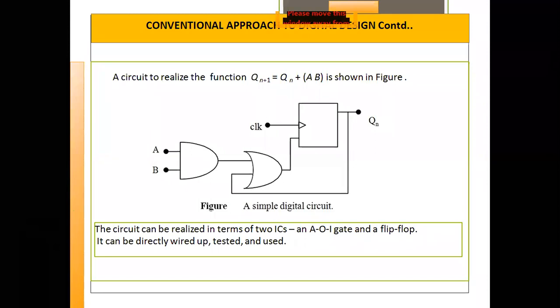The flip flop is to store the data, the output we get, so that later that output can be used. Next, the circuit we have designed can be wired up. That means we can have connections, and we can test and use it.